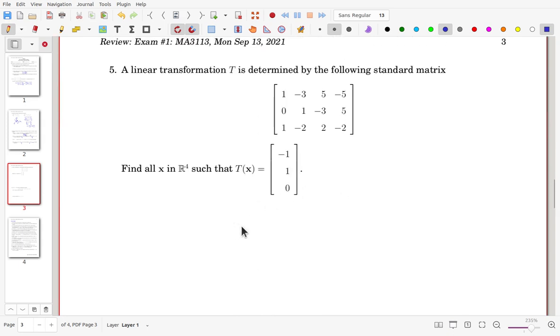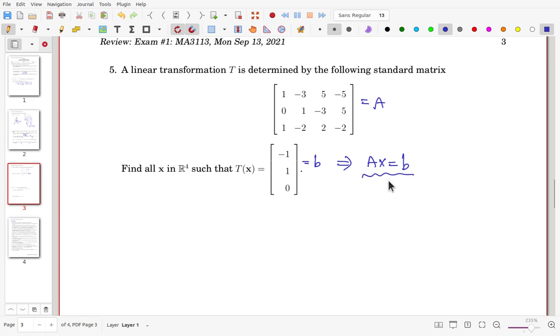A linear transformation T is determined by the following standard matrix, and find all x such that T of x is this side. Okay, let's say this is A and this is B. Then here the problem is asking you to find the solution of that system, AX equal B. How?